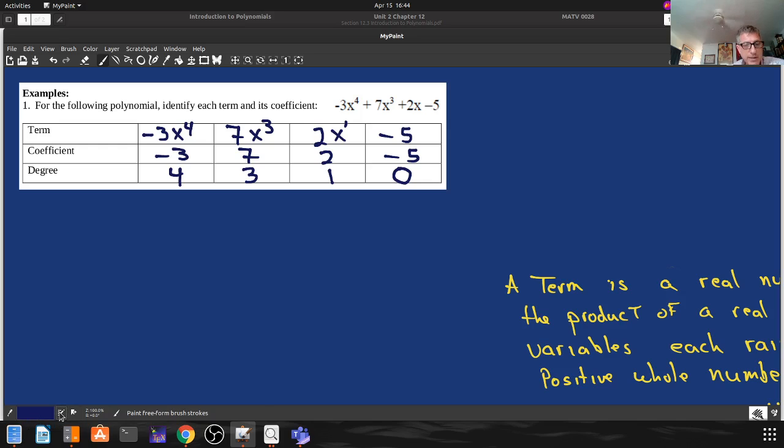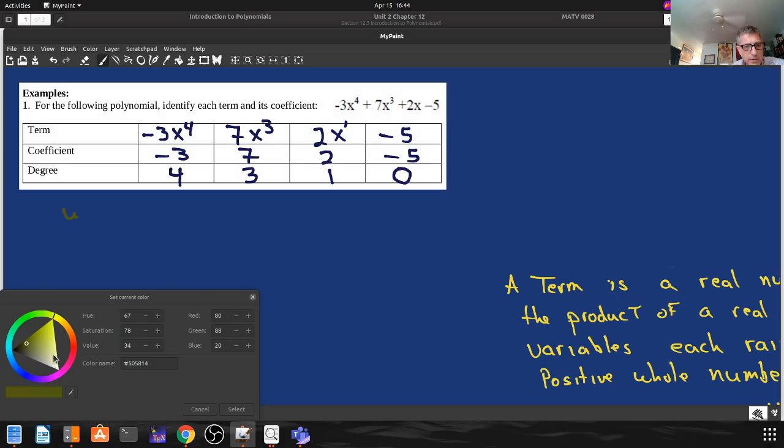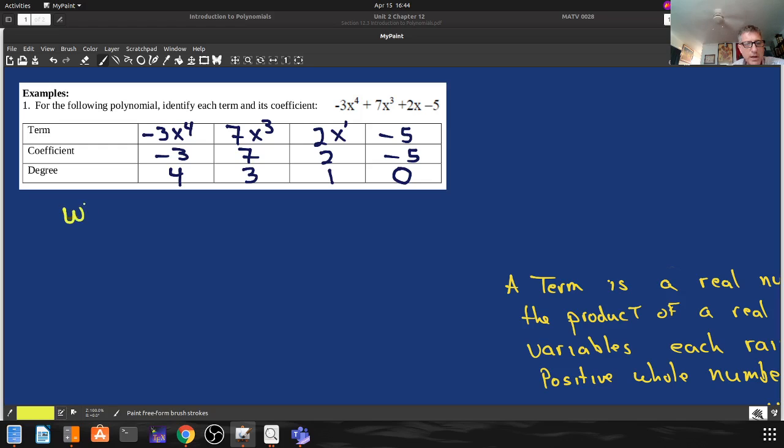So now we can ask the following question, and you should be able to answer it. Whoops, but not with that color. That should do it. What is the degree of minus 3x to the fourth plus 7x cubed plus 2x minus 5?